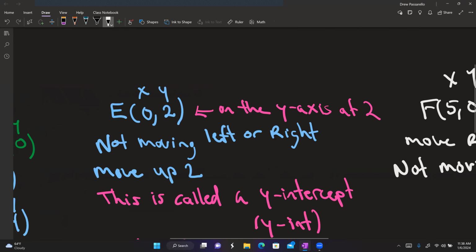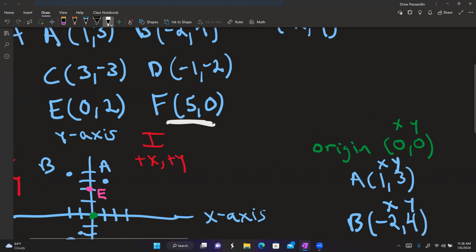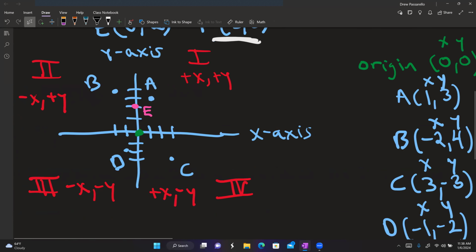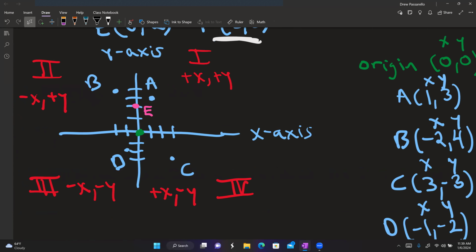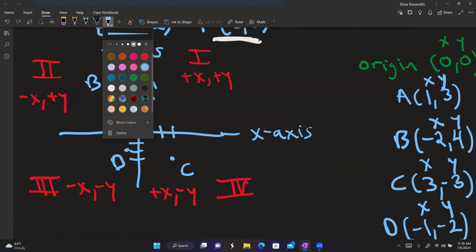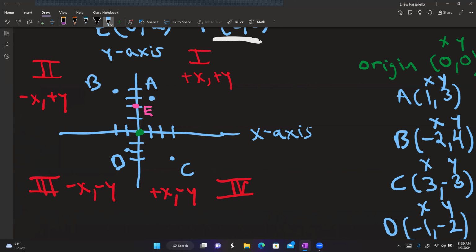Okay, so let's plot that. So I'm moving to the right 5 units. So from the green point, go to the right 5 units. Right now, 3 tick marks. I need to add 2 more tick marks to make 5 tick marks. All right, so there's 5 tick marks.